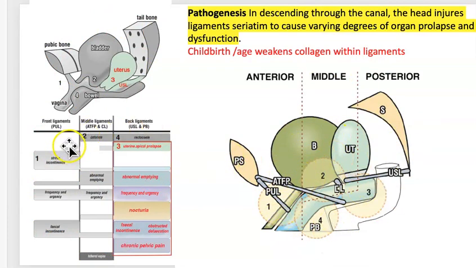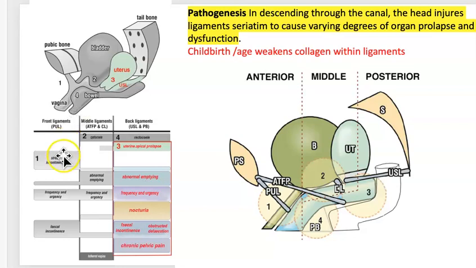So there are three automatic sections in the pelvic floor. There are the front ligaments, pubourethral, that goes to the bladder neck, middle ligaments, bladder neck to the cervix, and posterior uterosacral to the anus.